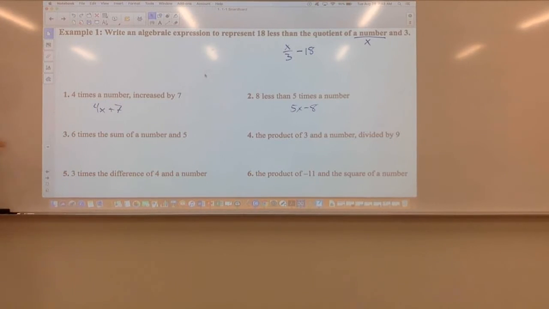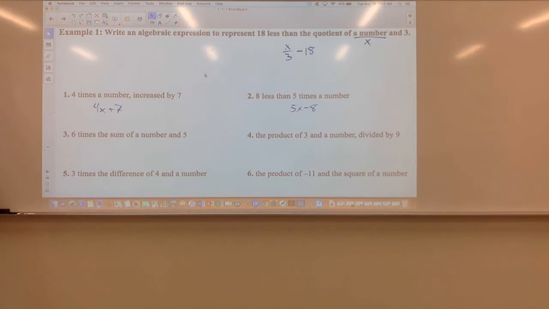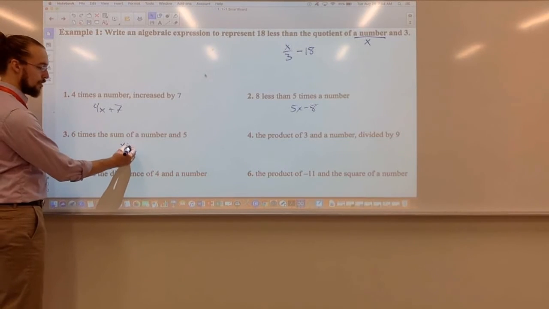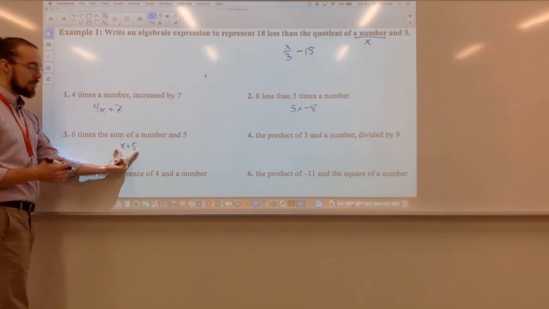So for number 3, it says 6 times the sum of a number and 5. Hopefully the part about the sum of a number and 5 was easy. That means x plus 5. But then it's saying take 6 times that sum.